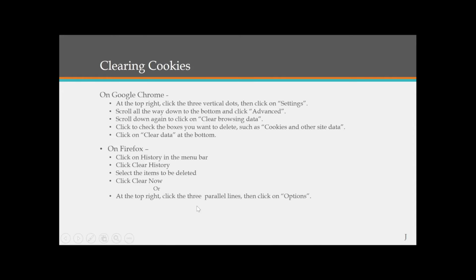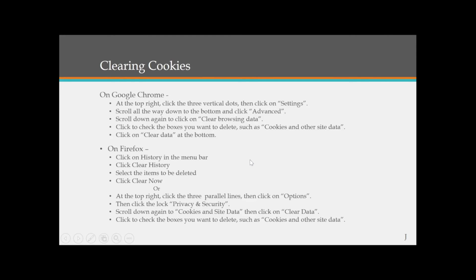Or you can go to Options, Privacy and Security, scroll down again to where you see Cookies and Data, and then click Clear Data. The presentation will be online, so you can take a look at this. Okay?